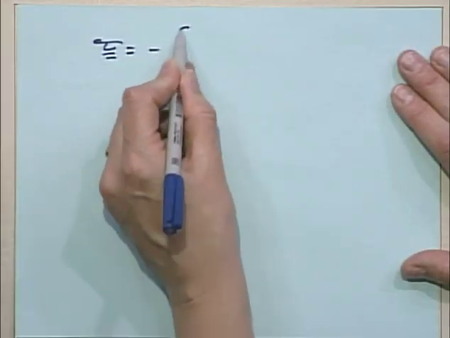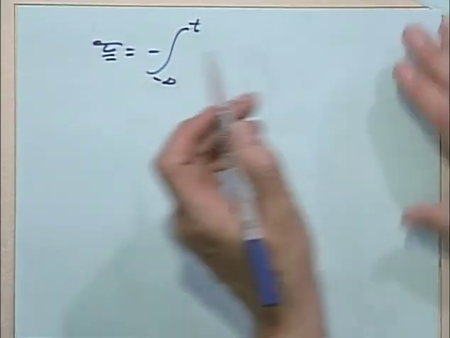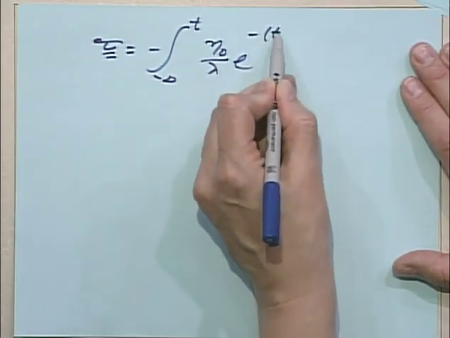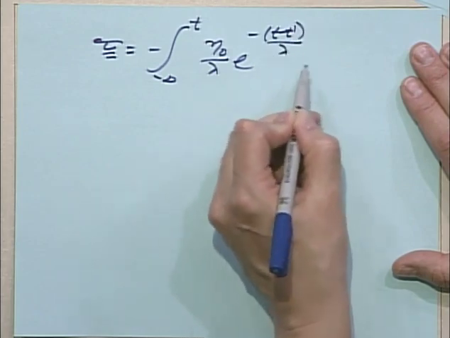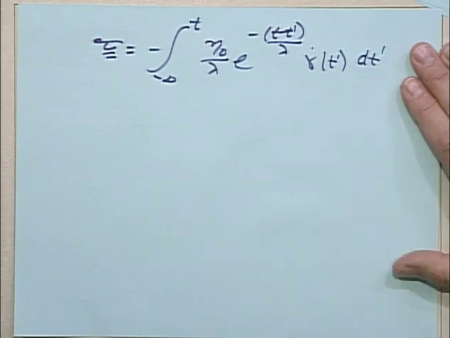All right, so we have to plug this in to get our stress component. So we need our constitutive equation. Stress is equal to minus the integral from minus infinity to t of eta naught over lambda, e to the minus t prime over lambda, gamma dot of t prime dt prime.